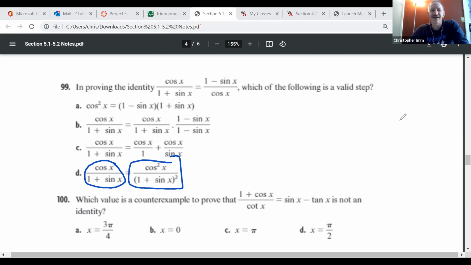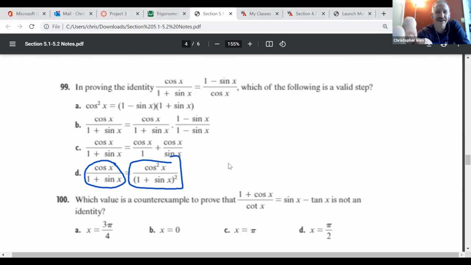I'm having some issues here with Zoom. The next one is a no-no. So thanks for not falling for C and D. When we have 2 denominators here, we can never split one numerator over 2 denominators. We can do the other way, but we can't do that. So these are definitely no.